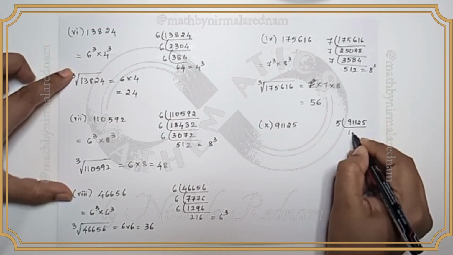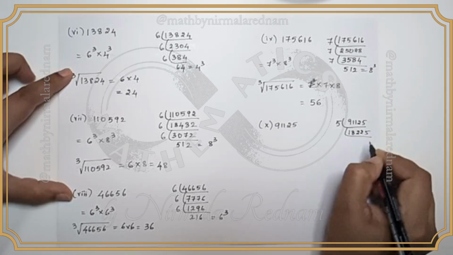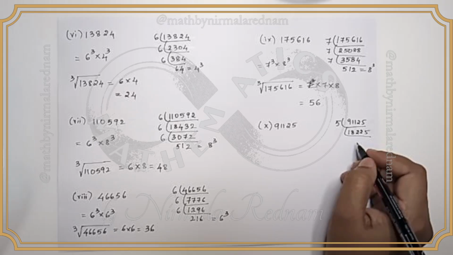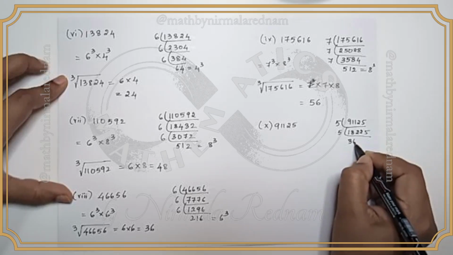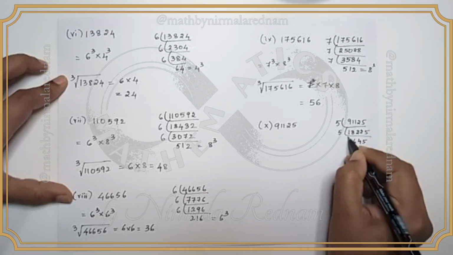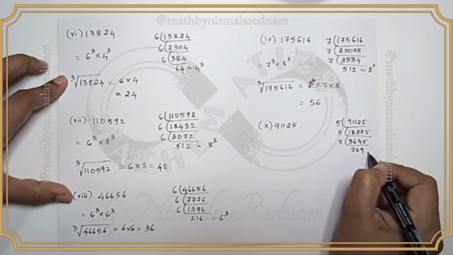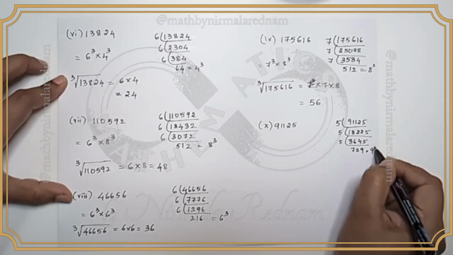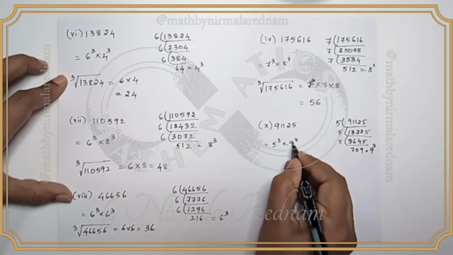5 ones, 5 eights, 2s, 2s, 5s. 5 threes, 6 fours, 5s, 5 sevens, 2s, 9s, and 729 is 9 cube. So this is nothing but 5 cube into 9 cube.